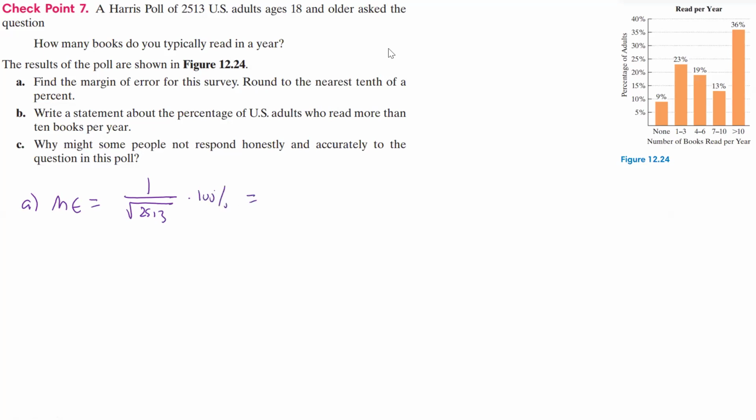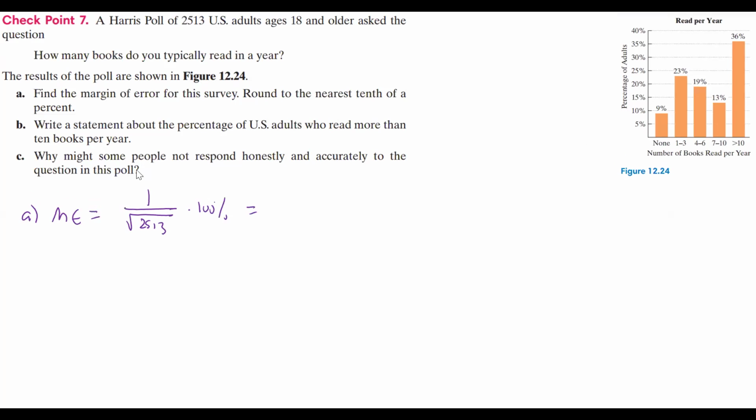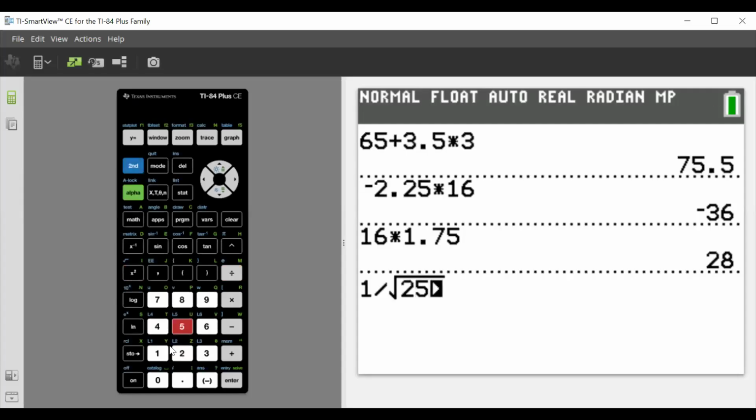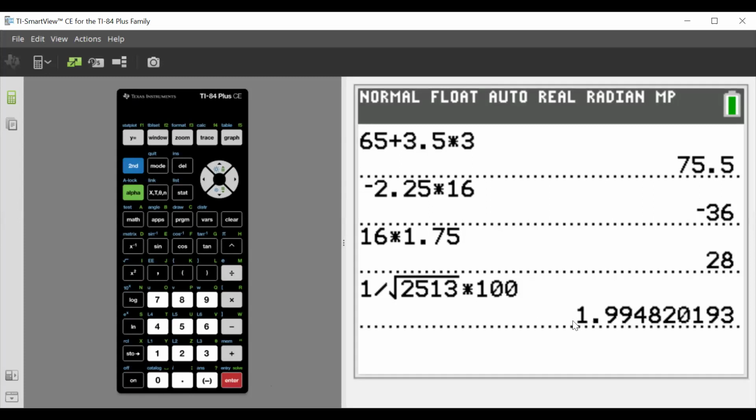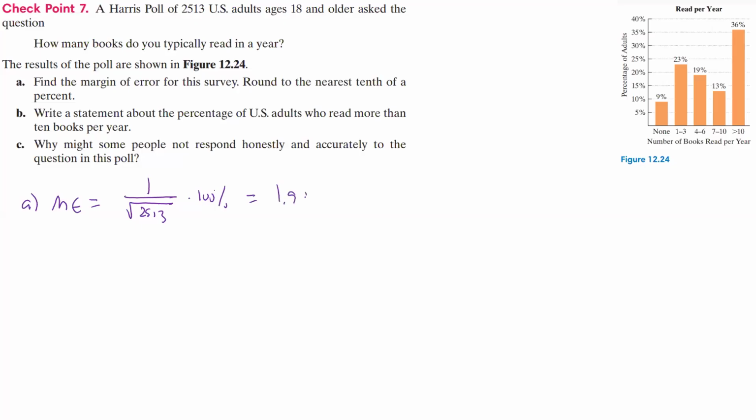Plugging that into our calculator, we get 1.9948%, but to the nearest tenth, that 9 rounds up, so this is approximately 2.0%.